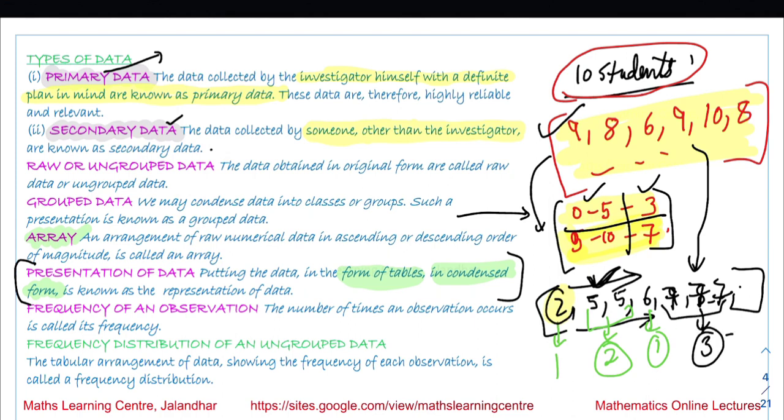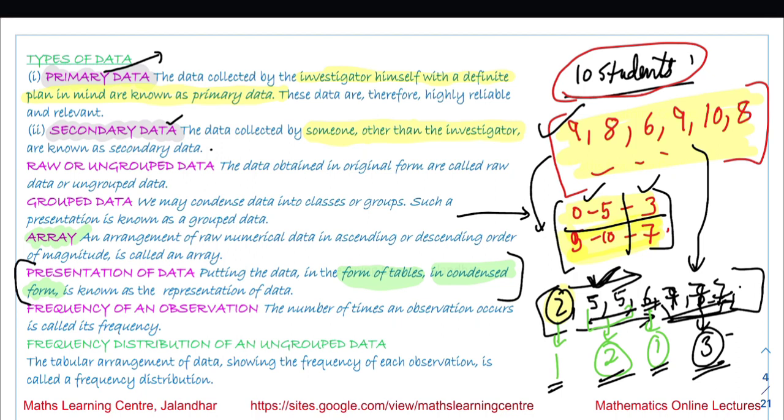So frequency of 2 is 1, frequency of 5 is 2, frequency of 6 is 1, frequency of 7 is 3. So frequency is basically how many times that particular value or observation is repeated in our data. That is called the frequency of an observation.